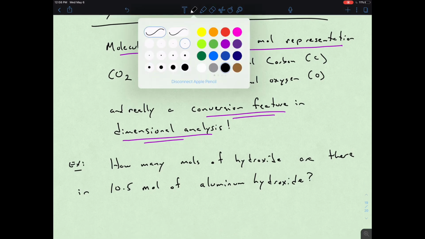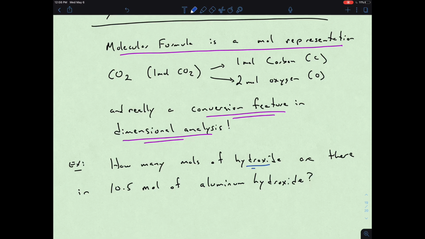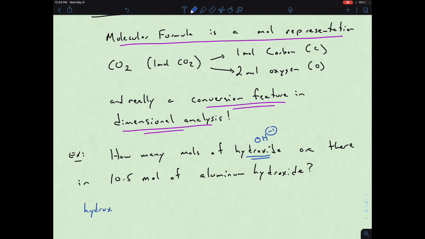And so with our notion, hydroxide is a polyatomic, and we have aluminum hydroxide. Aluminum is in that 3A group, so it likes to be +3.